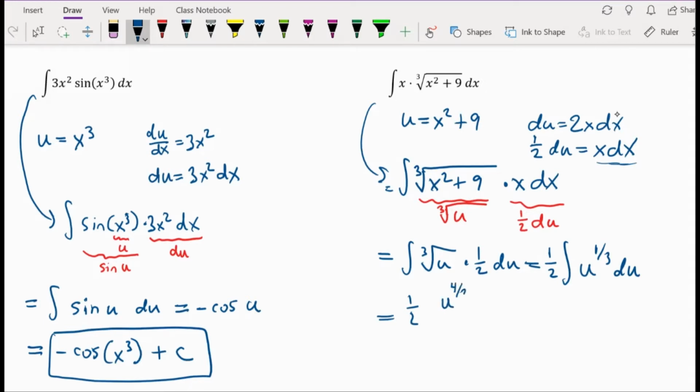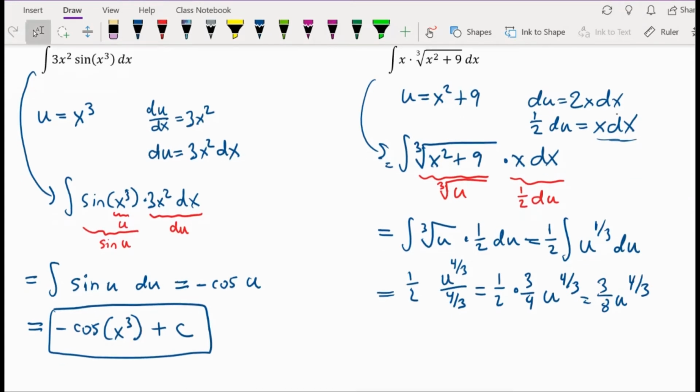So that's u to the 4/3 over 4/3. And that gives me 1/2 times the reciprocal of 4/3, which is 3/4, and I get u to the 4/3. So this gives me 3/8 u to the 4/3. But I want to convert it back to x, so this is going to be 3/8 times x squared plus 9 to the 4/3 plus c.